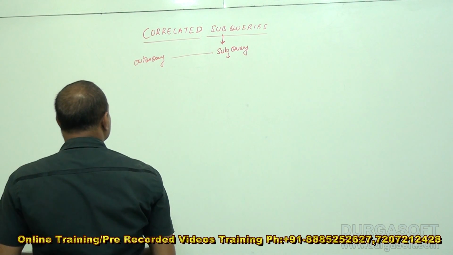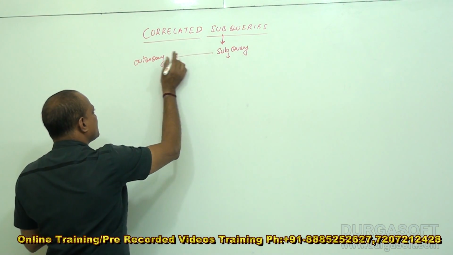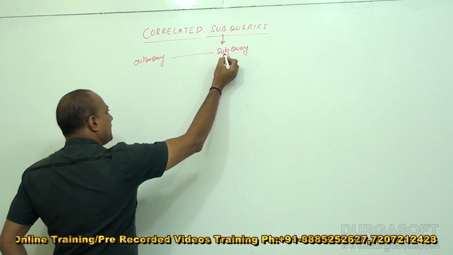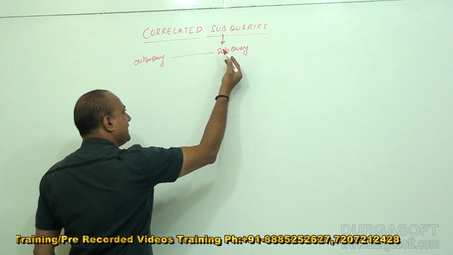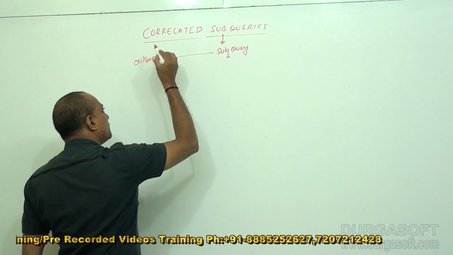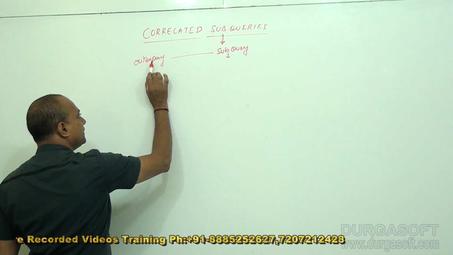Remember that. This is the complete query. Normally the subquery is executed first, but you are saying it is correlated, meaning it is depending on the output from the outer query.